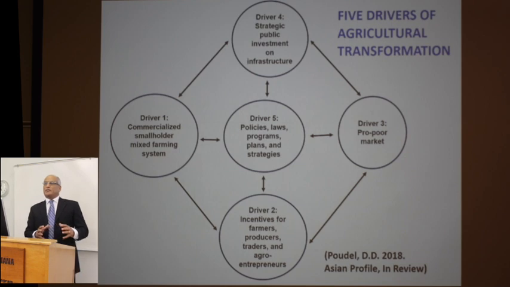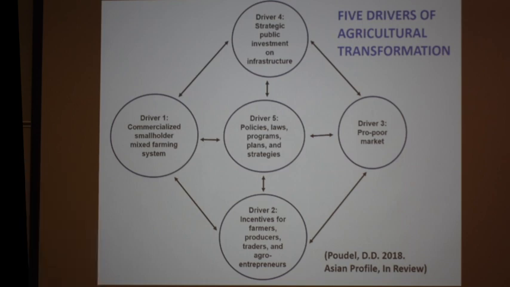And while developing this integrated strategy, it is pretty important to consider these 5 key drivers of agricultural transformation, which include commercialized smallholder mixed farming system, incentives for the farmers, landowners, pro-poor market, strategic public investment, and appropriate policies and laws.